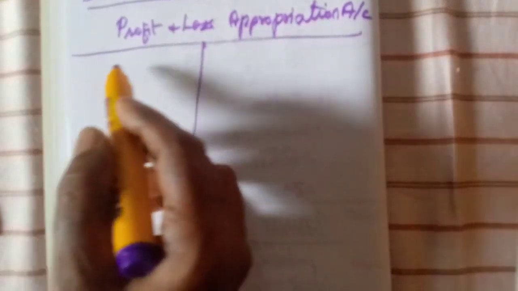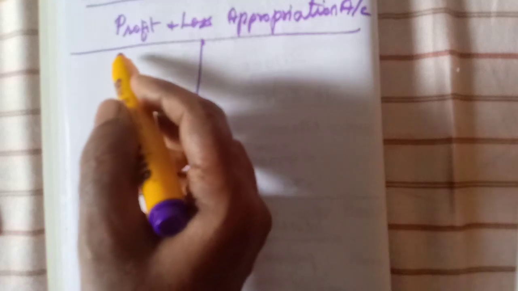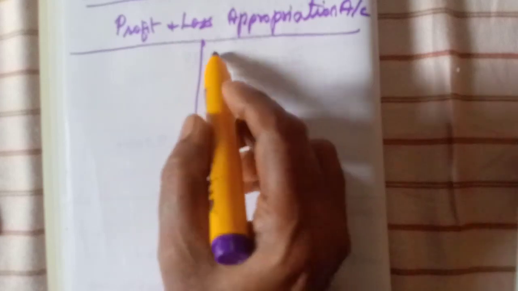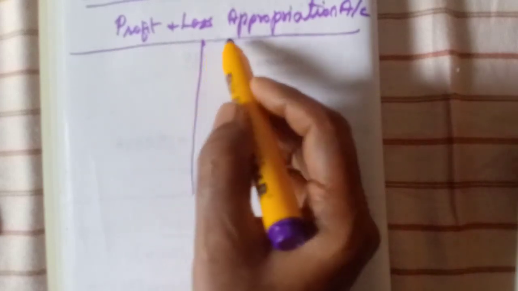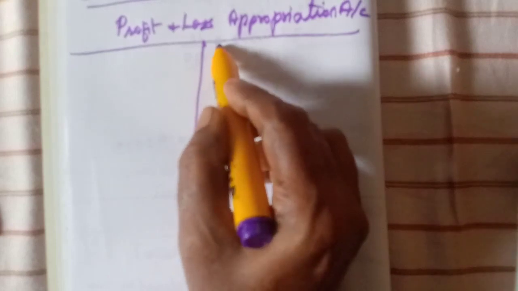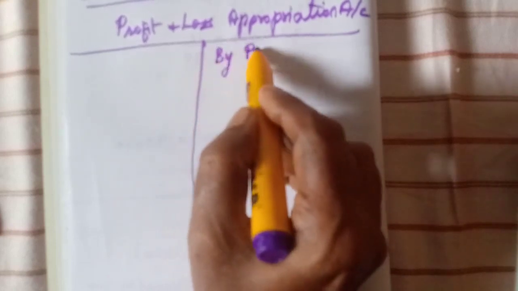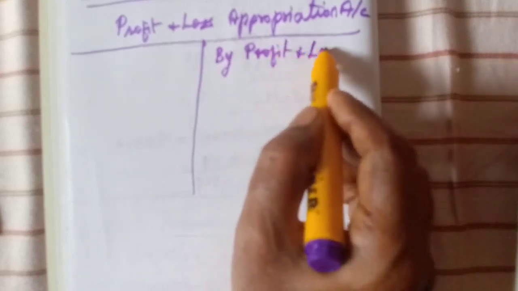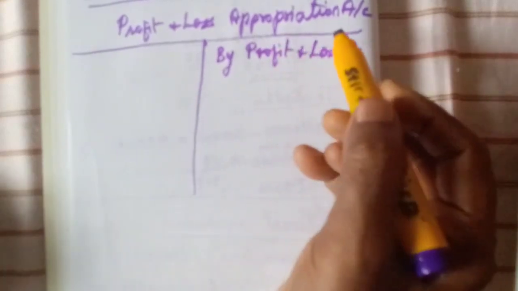On the debit side, the left-hand side, we will adjust. First we start this account with the net profit, that is, by profit and loss account.